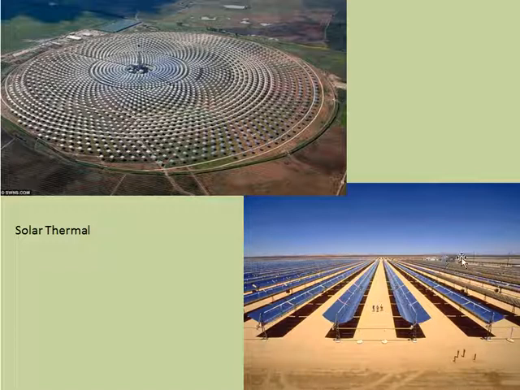The turbine would be located here in these central buildings, and what we have here are these troughs. They're parabolic arcs so that no matter which way the sun comes in, it will reflect onto a central pipe here.